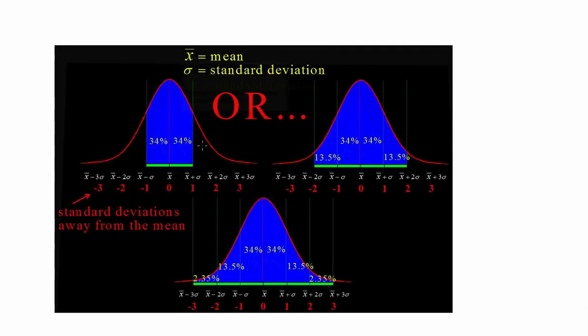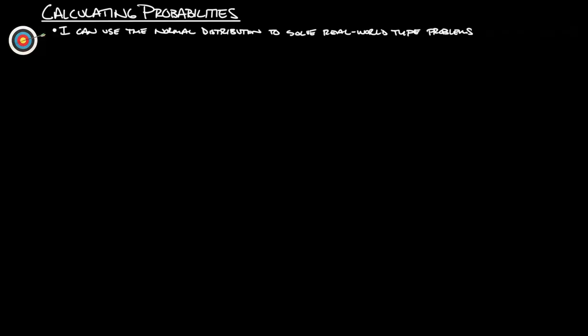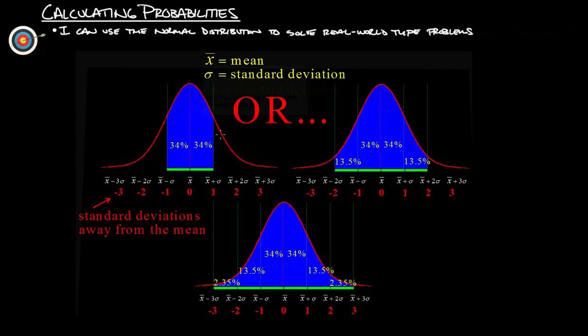Okay, another way to look at that, if you split that 68% into two, that means from the mean up one standard deviation is 34%, and from the mean down one standard deviation is 34%.